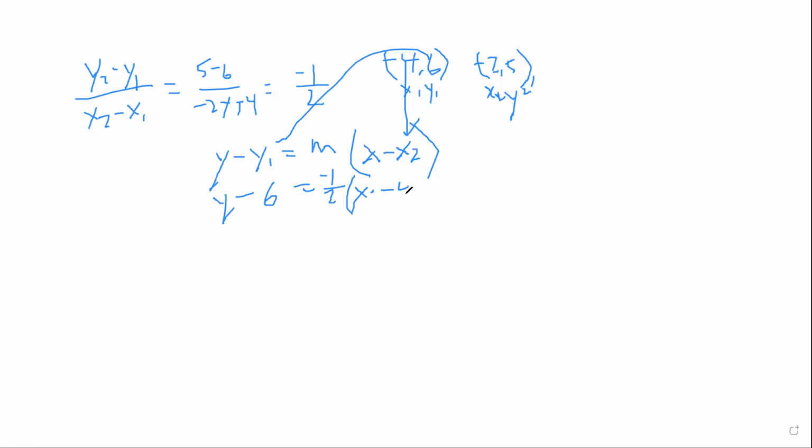There's your minus minus. So y minus 6, -1/2 x. Now this 4 becomes positive. So -1/2 times 4 is -2. Cancel the 6.